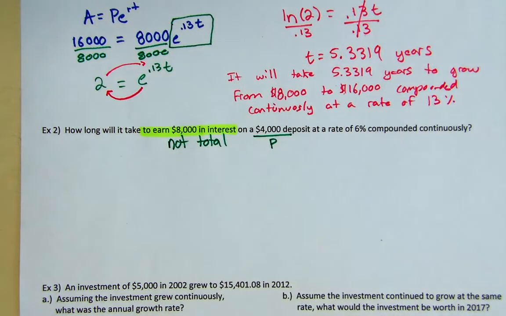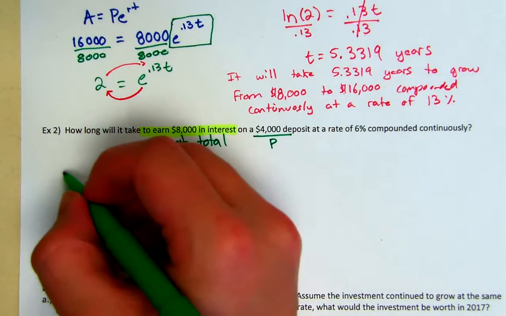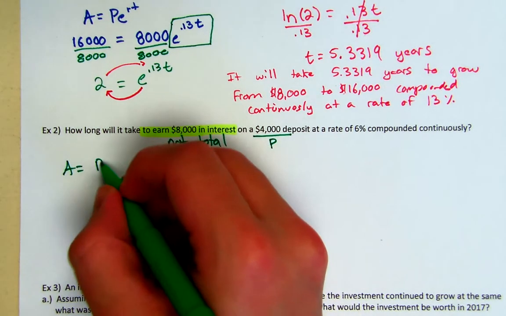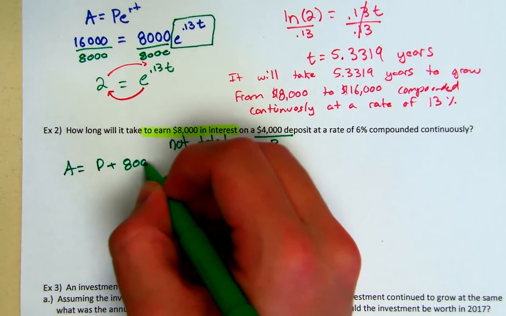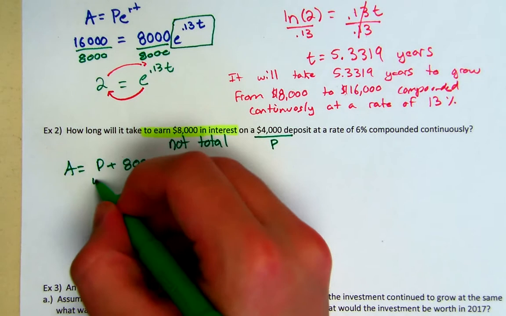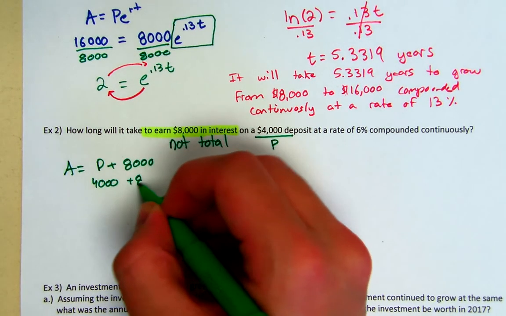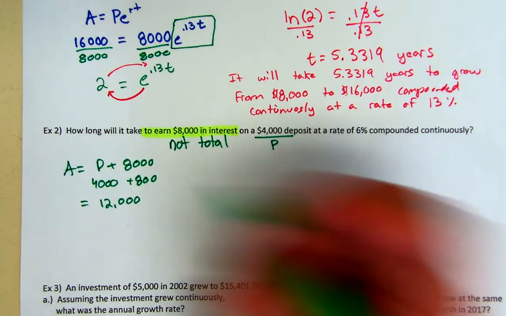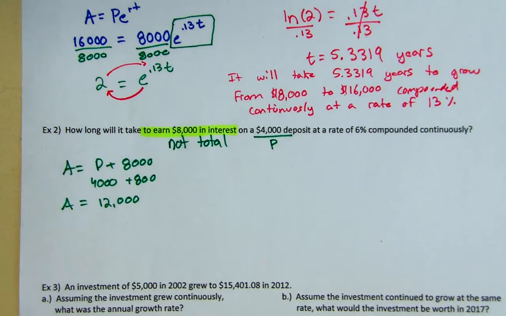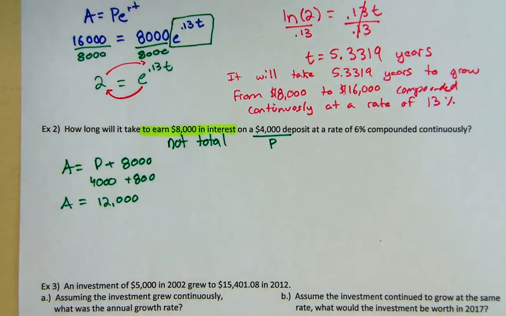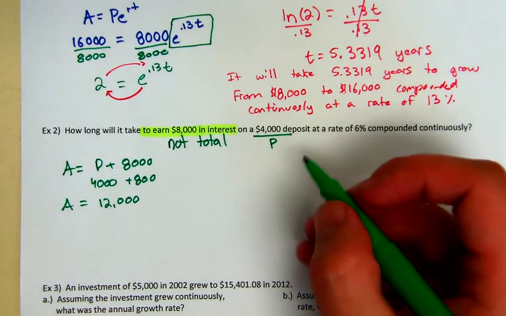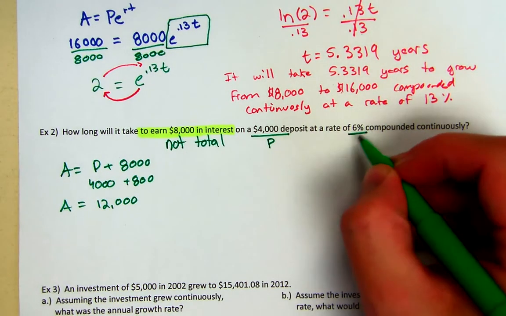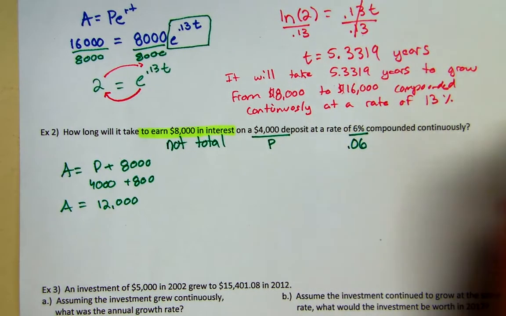But if you want to earn 8,000, then A equals the principal plus 8,000. So I need 4,000 plus 8,000, which is 12,000, is what A is. Now, if you want to go ahead and try this on your own, you can. Alright, so the rate is 6%, so that's 0.06.